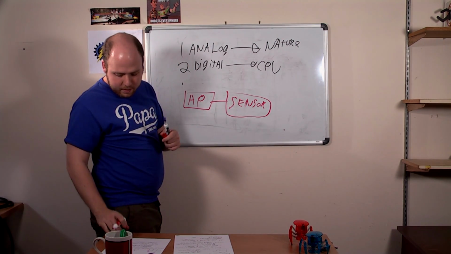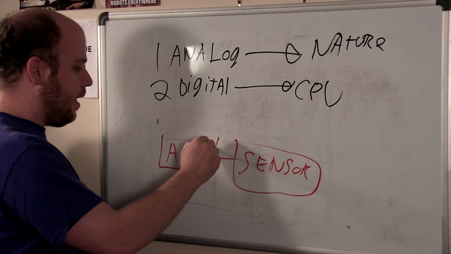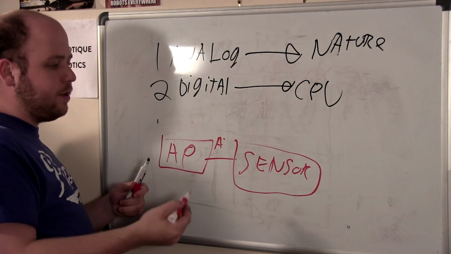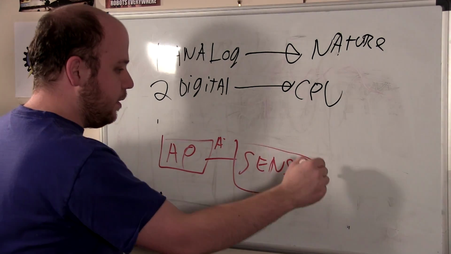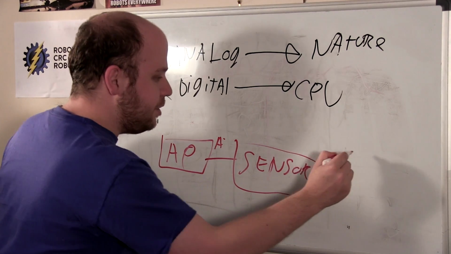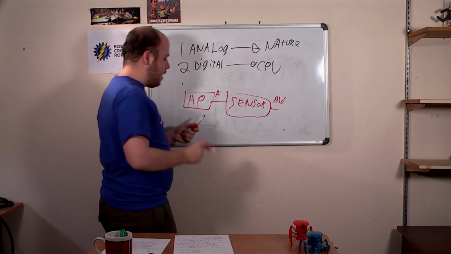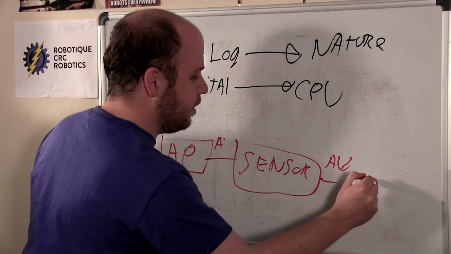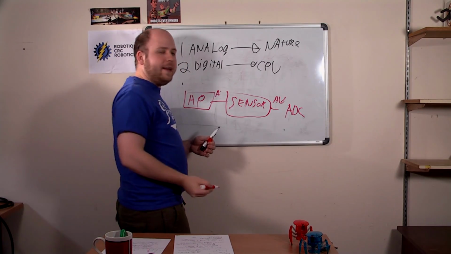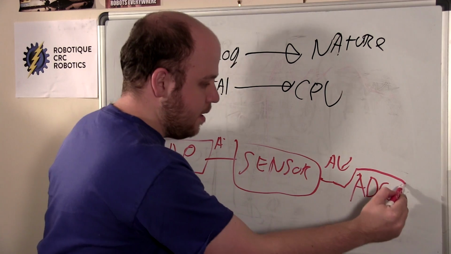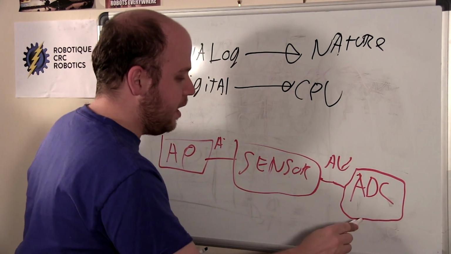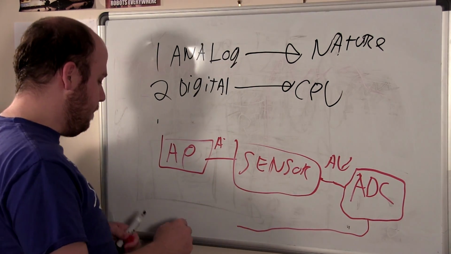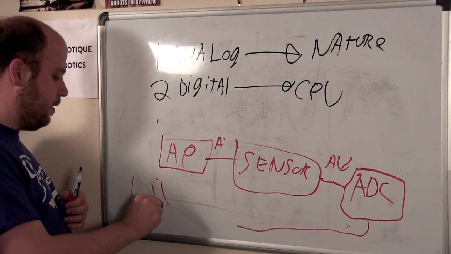This will give you an analog voltage. And then the final step is an analog to digital converter, or ADC. And once you're out of the ADC, you're in the marvelous digital world.